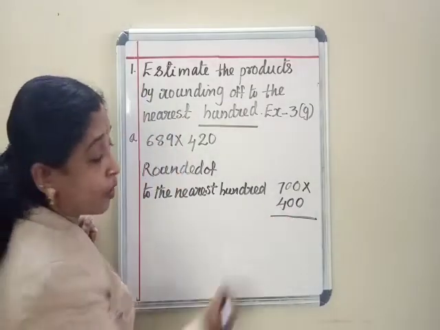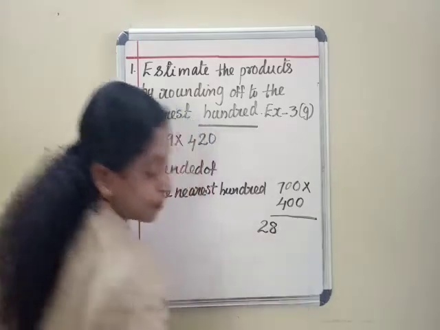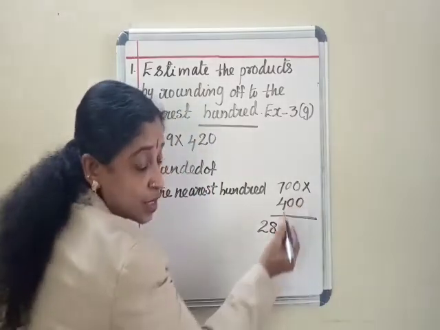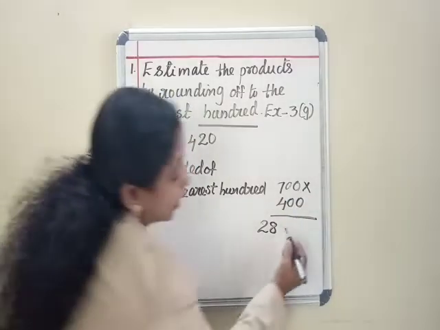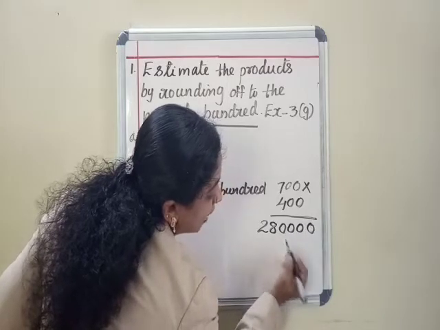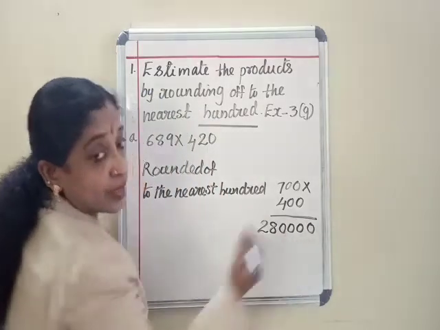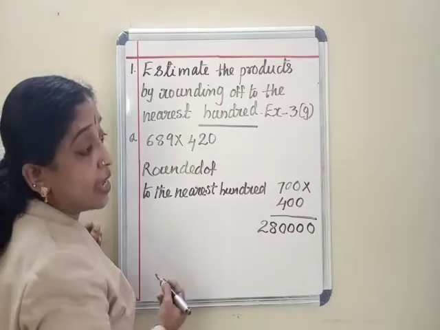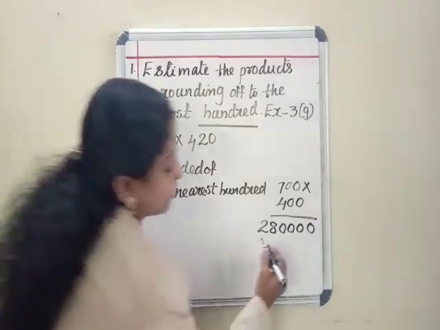What is 7 and 4? 7 4s are 28. Now we can add the zeros. How many zeros here? Here 2 zeros, here also 2 zeros. Then 4 zeros. Then what is the answer? 2,80,000. This is the what? Product. Rounded product.